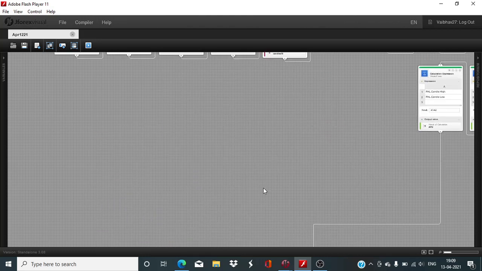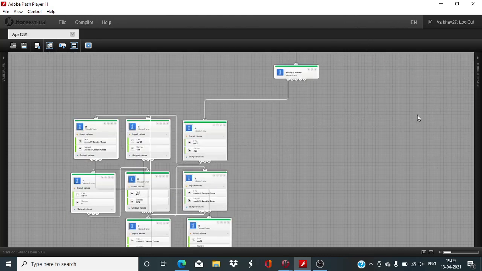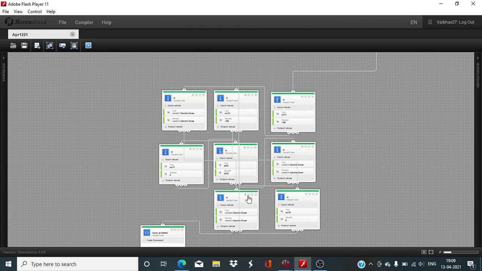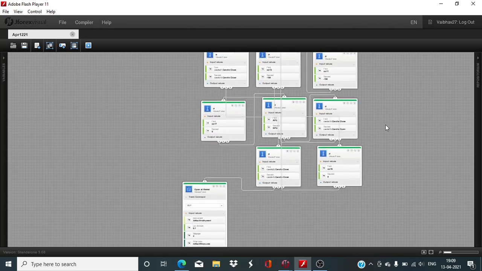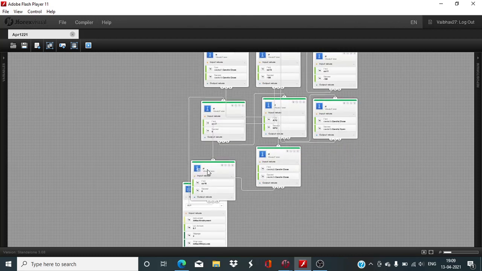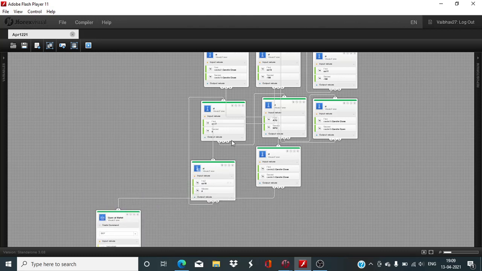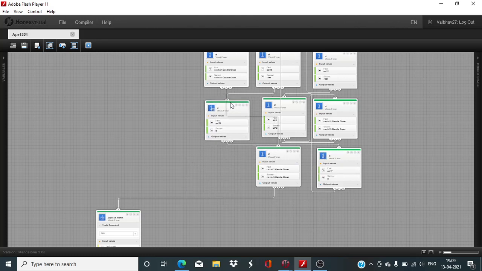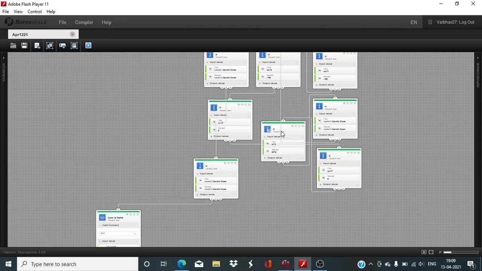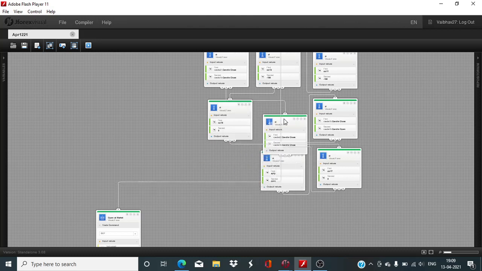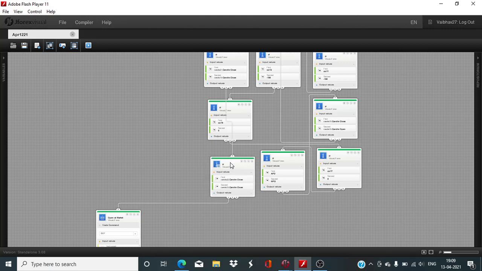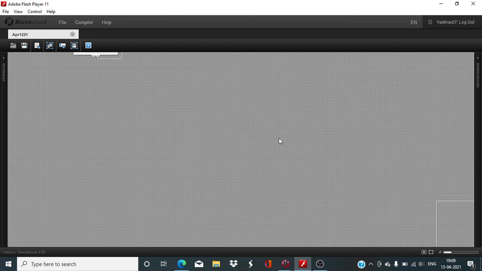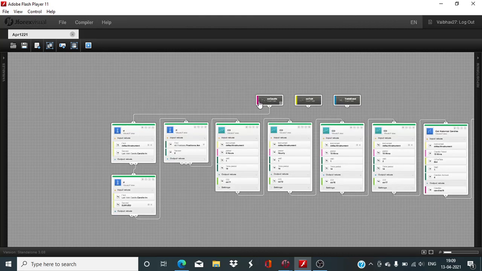I think we have one block left. Let me color code this.